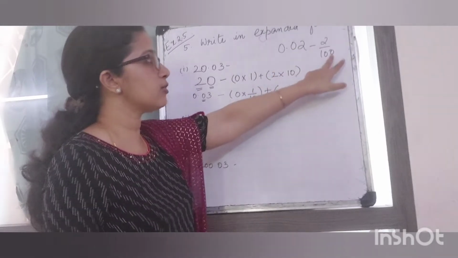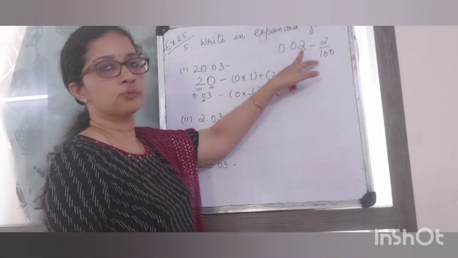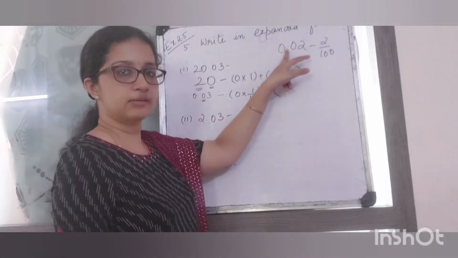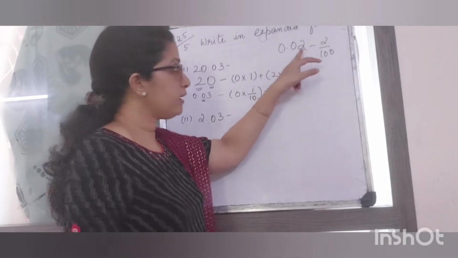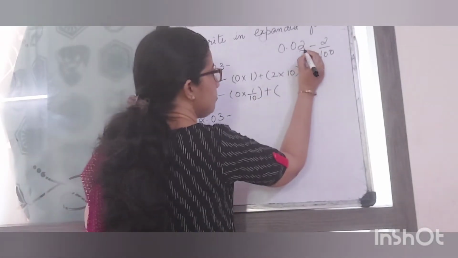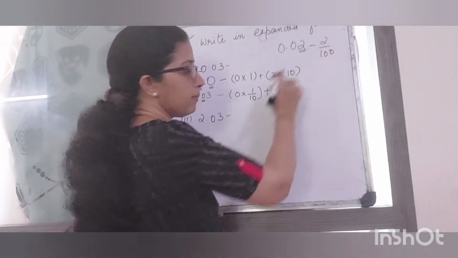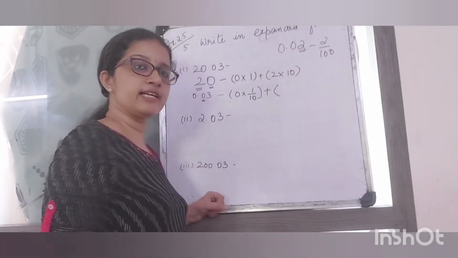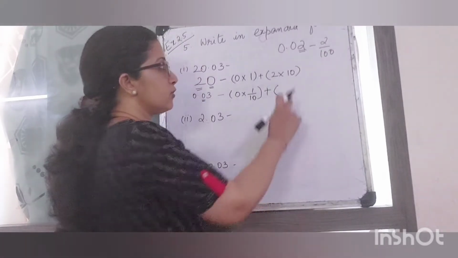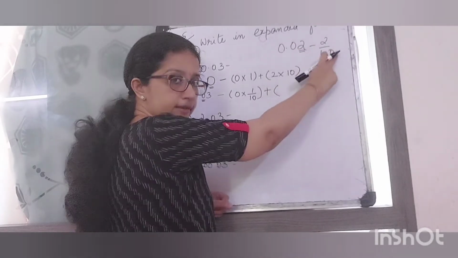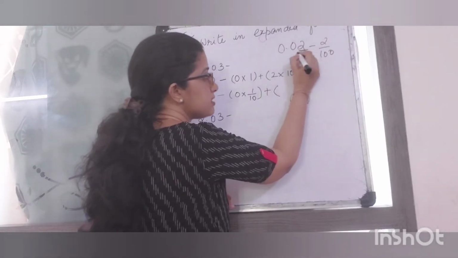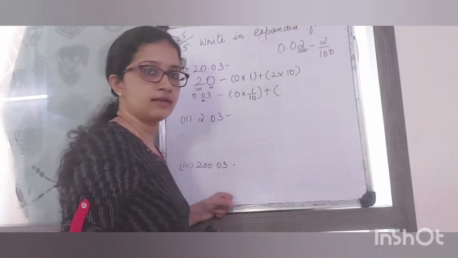There are 2 zeros, so 2 digits should be there to the right hand side of the decimal point. Whatever number is in the second position, we have to divide it by 100 to get the expanded form. The value of this digit is 2 by 100.